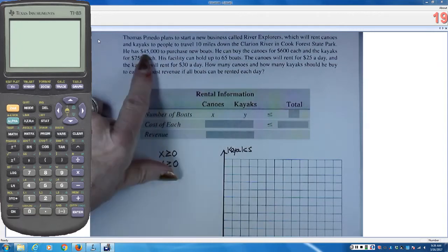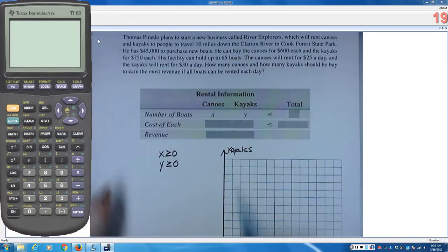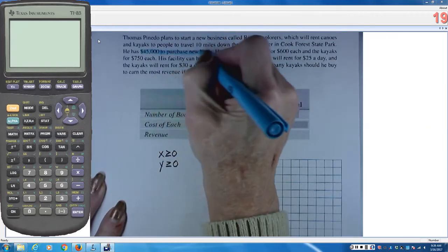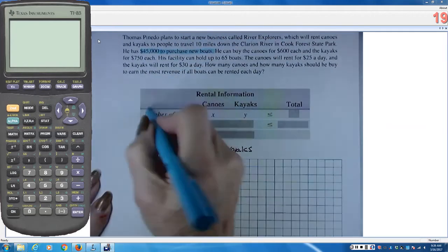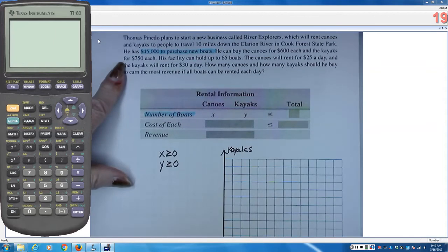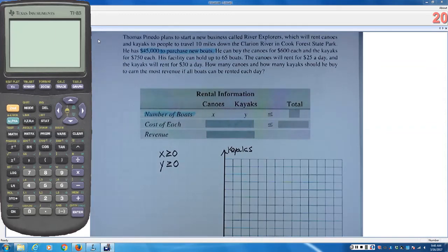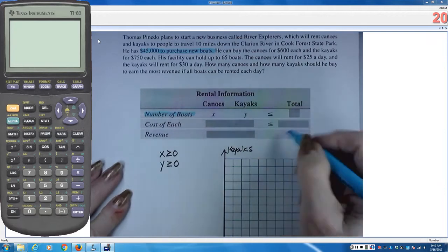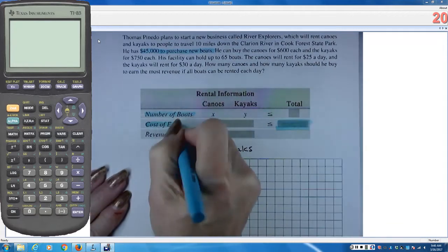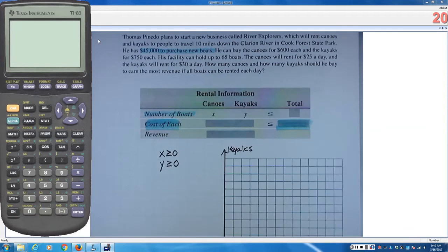So he has $45,000 to purchase boats. That means the most boats that he can buy is going to depend upon the total cost. Given that he has $45,000 to spend, how much can he spend if he's buying canoes and kayaks?